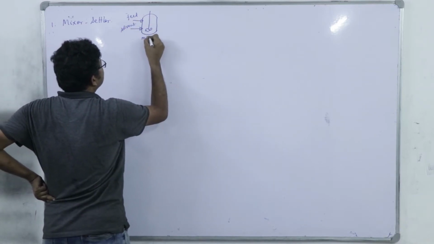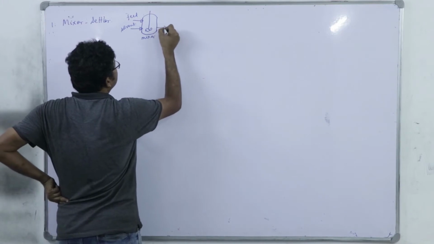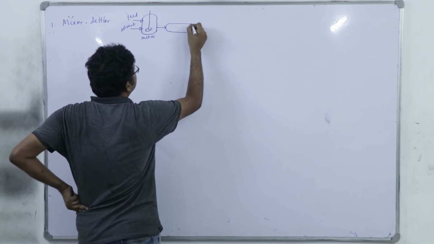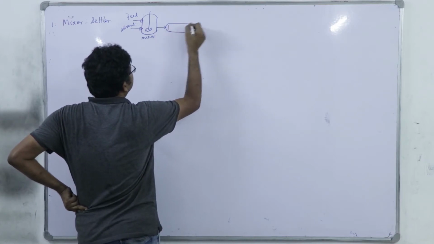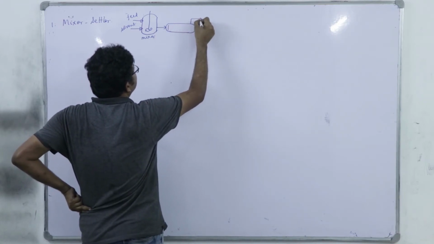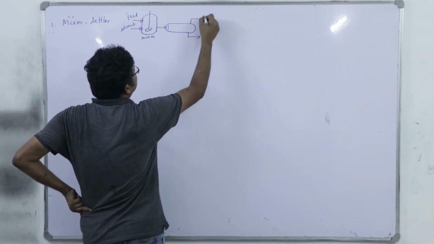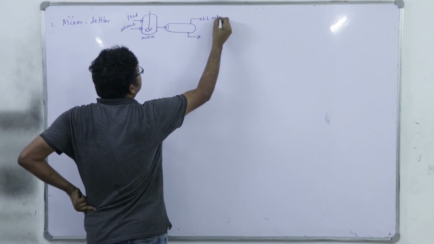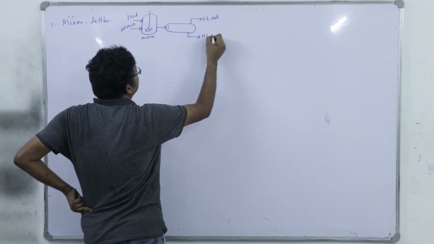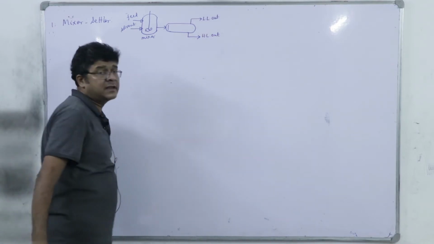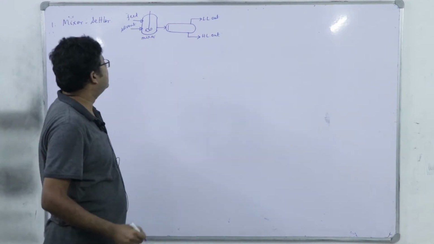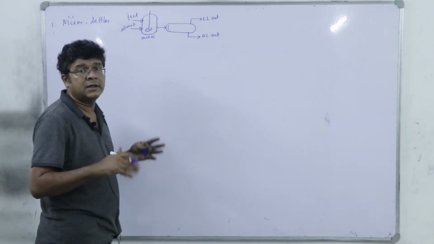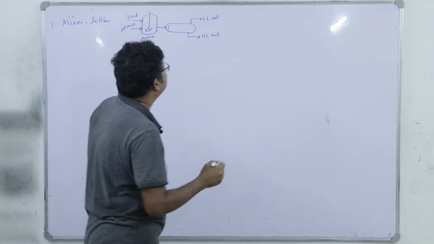So, this is the mixer, and next it goes to a horizontal type unit with baffles and exit for light liquid and heavy liquid. So, light liquid out, heavy liquid out. LL stands for light liquid, HL stands for heavy liquid. So, this is simply a unit, right, equivalent to a single stage.